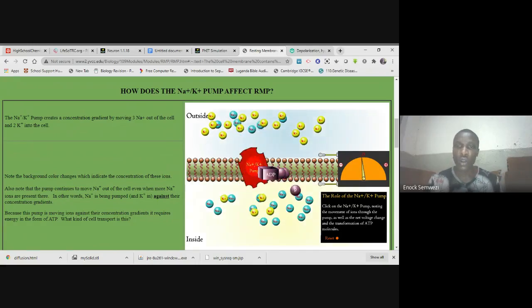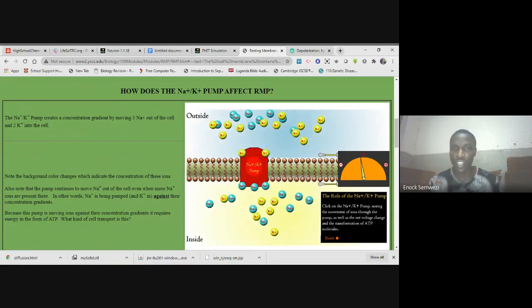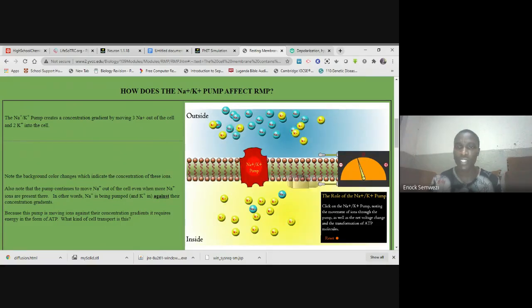So slowly, you find that as more sodium ions are pumped out and few potassium ions are pumped in, the potential difference across the membrane becomes more negative. So we want to say that at rest, the potential difference across the membrane is always negative.